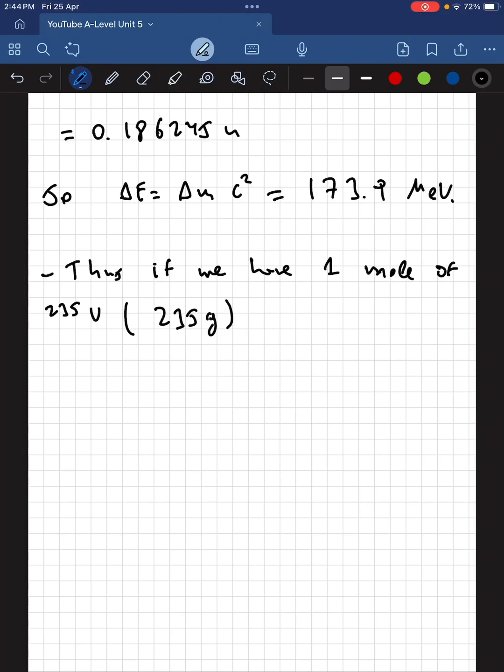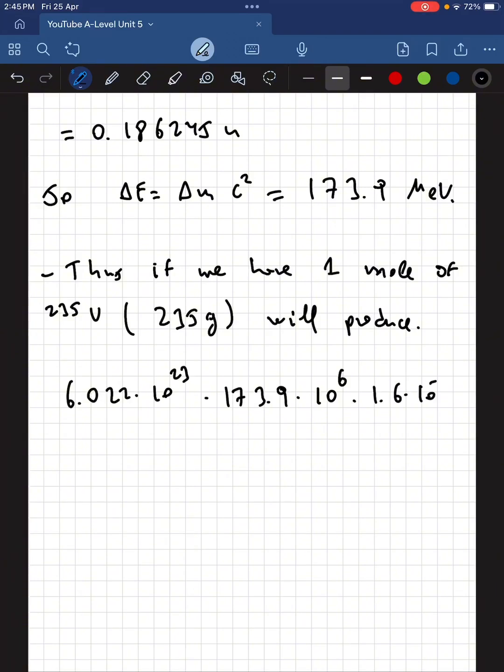So if we have 1 mole of uranium-235, and let's assume that this mole undergoes fission, this mole will produce, and again, 1 mole contains 6.022 times 10 to the 23 particles times 173.9 MeV. 1 MeV is 10 to the 6 electron volts, and 1 electron volt is 1.6 times 10 to the negative 19 joules.